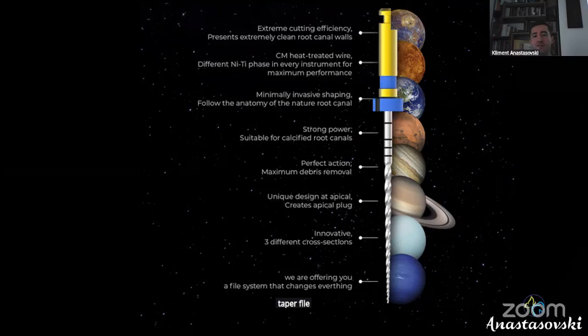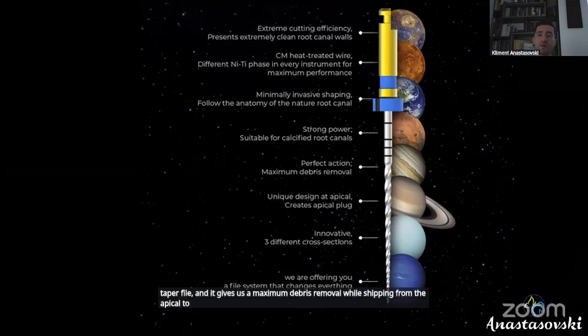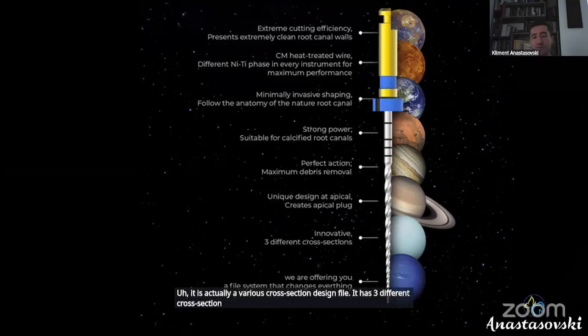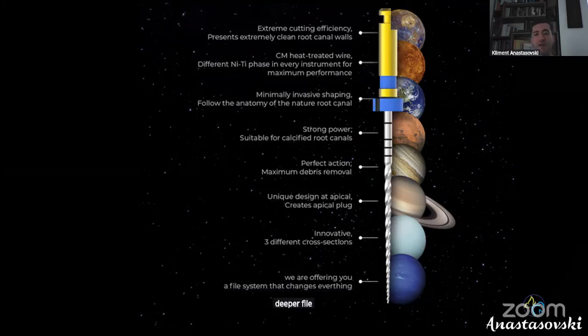It gives us maximum debris removal while shaping from the apical to the coronal part, extruding the dentinal debris outside the root canal while shaping. It is a variable cross-section design file. It has 3 different cross-sectional designs along its length, and it is a fixed, continuous taper file system.